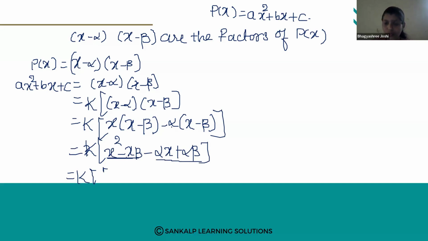So between these two, which one is common? X is common, because x square has x, and x also has x. So I will take x out. What remains in the bracket? Here also alpha is common, so I will take alpha as common. What remains in the bracket?